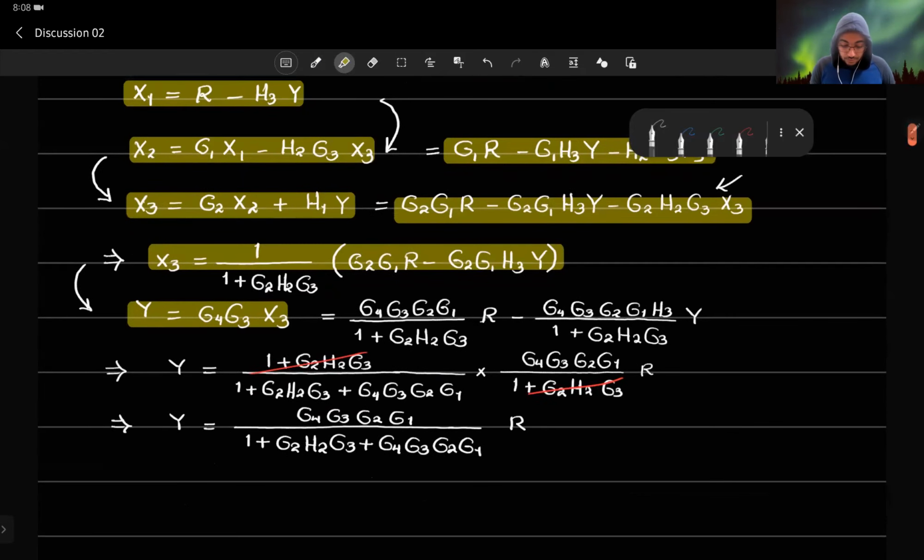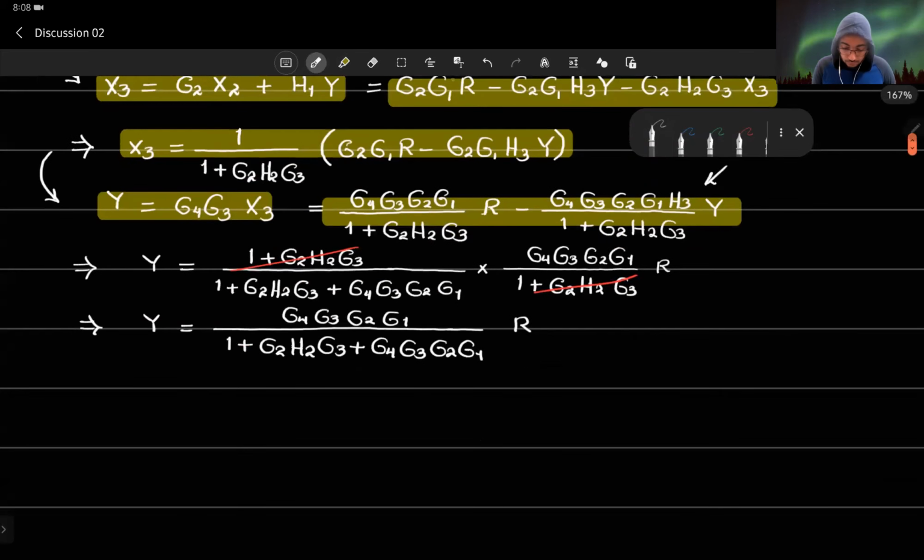Then we substitute with that expression in the last equation for y to obtain that y will be equal to this. We obtain an equation with both sides containing y. So we move one of them to remove this term. We move this term to the right, and we solve for y.